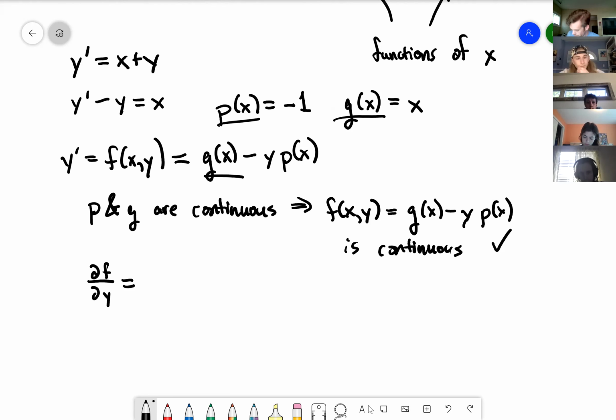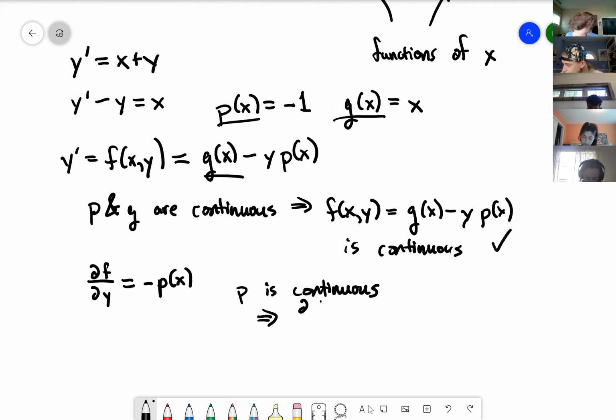And so the derivative with respect to y of this is just minus P of x. And so P is continuous. Immediately implies that, sorry, setting a bad example. There we go. The partial derivative of f with respect to y is continuous. So just knowing that P and Q are continuous in some region automatically guarantees that a solution exists and that it's unique.